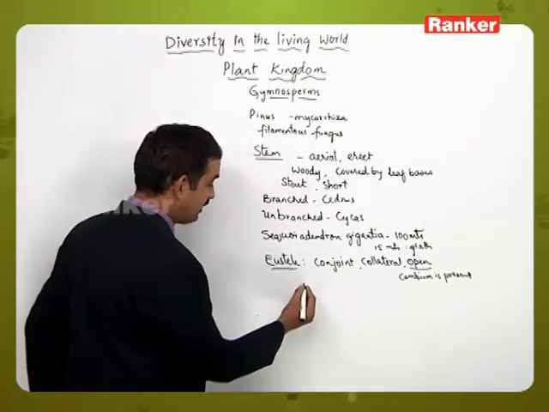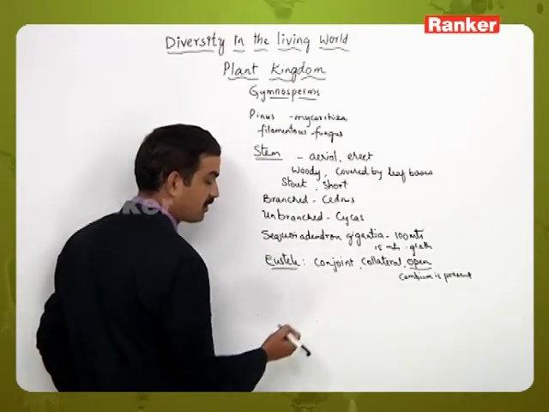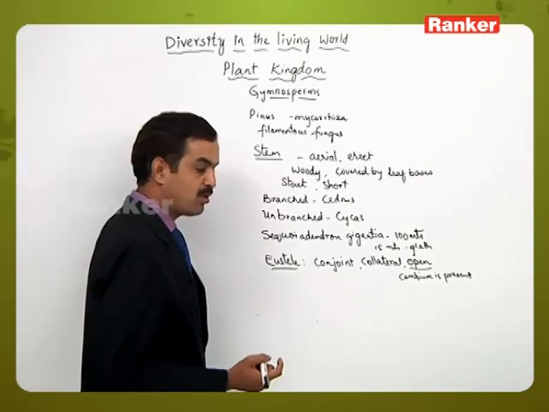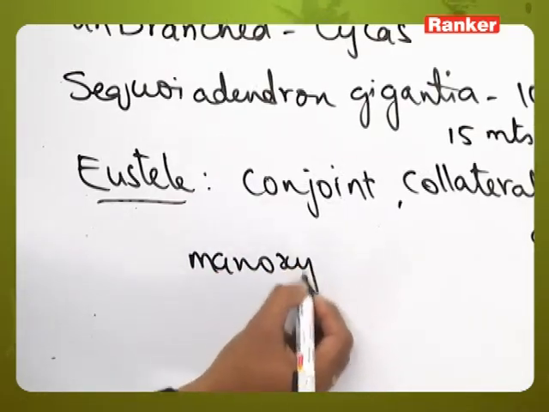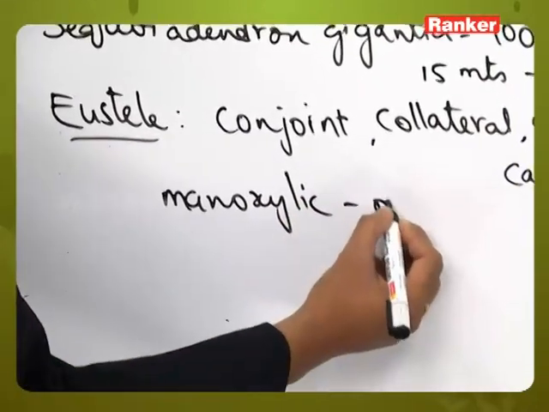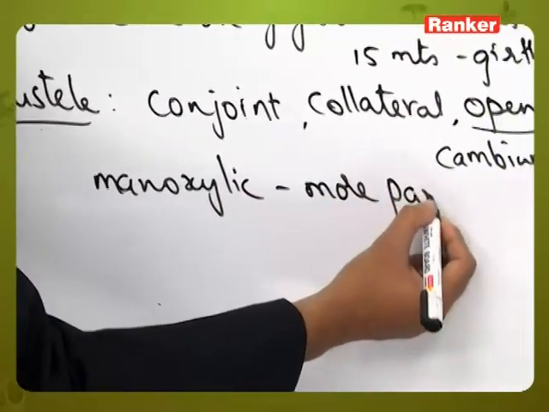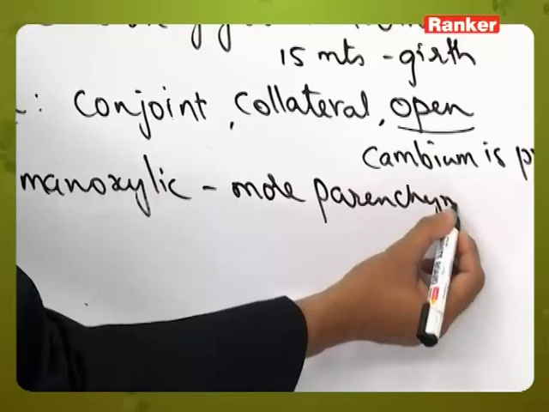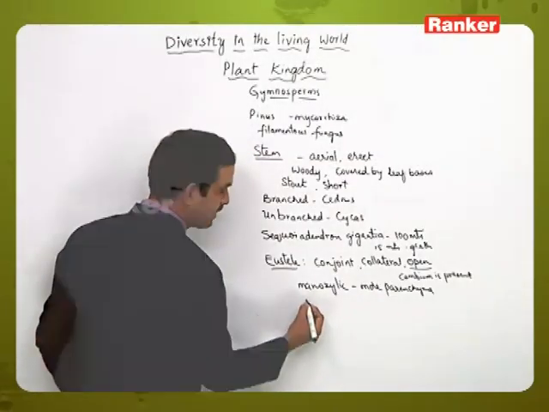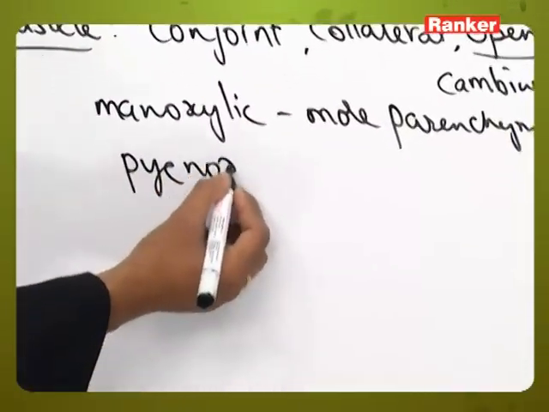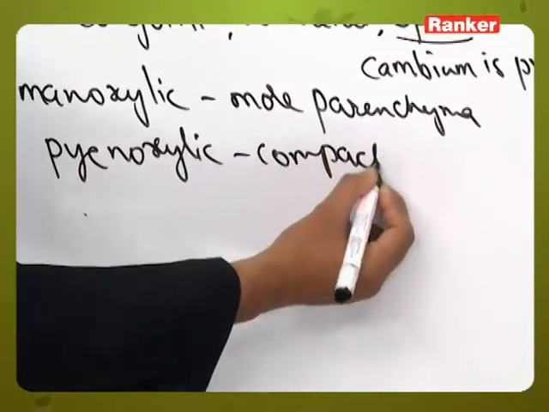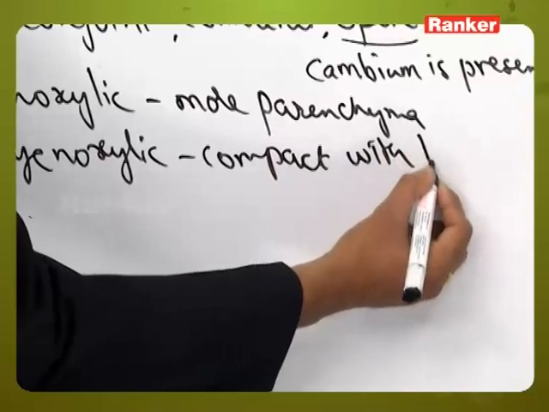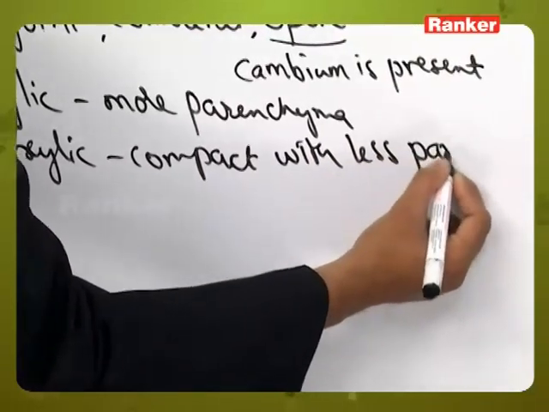Then here some will have pycnoxylic wood and some will have monoxylic wood. Monoxylic means more parenchyma is present with a loose arrangement, and pycnoxylic means a compact arrangement is present with less parenchyma tissue.